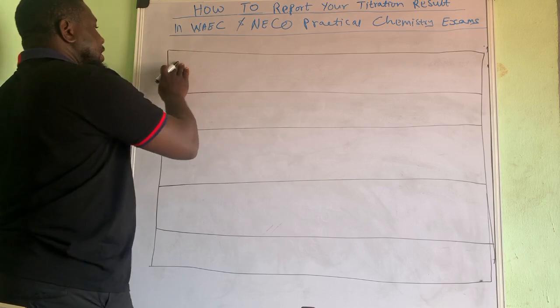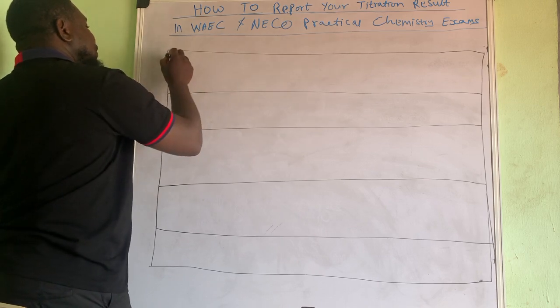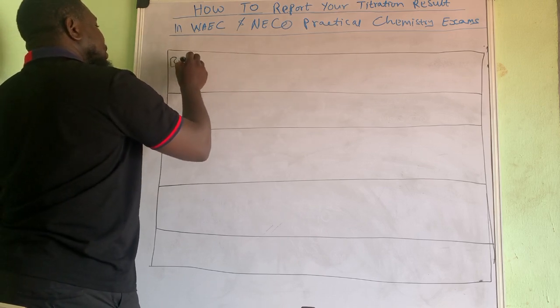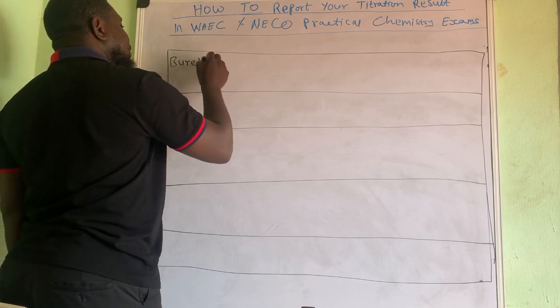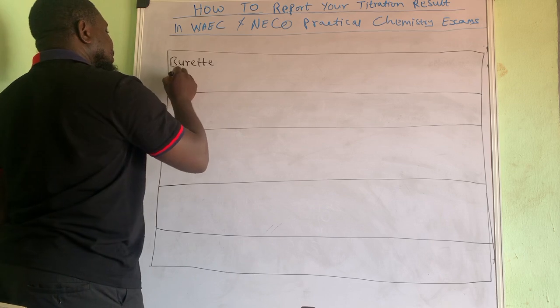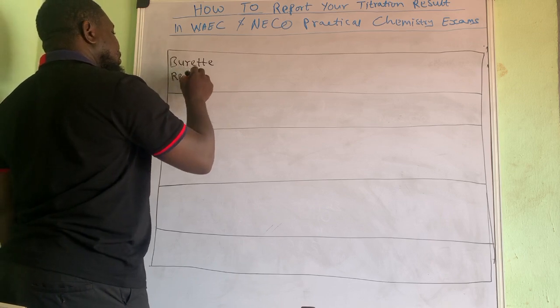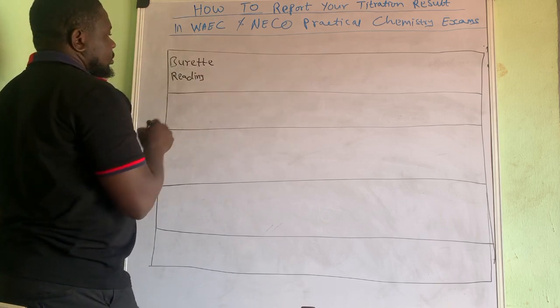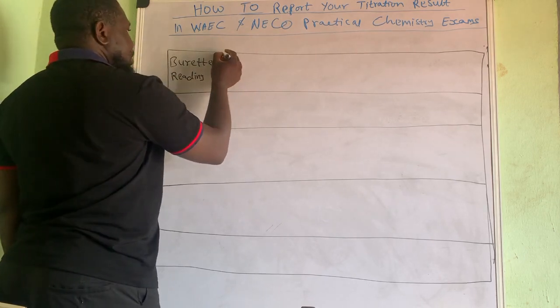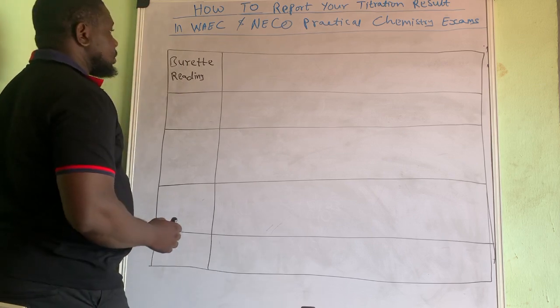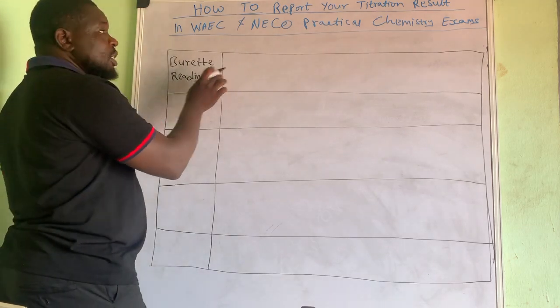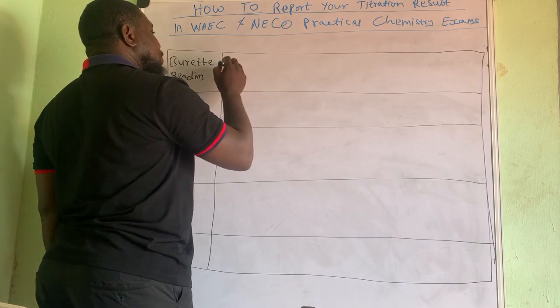Under this side, you will write your burette readings. Then you demarcate it this way. After the burette reading, at this other point, you will write your rough.